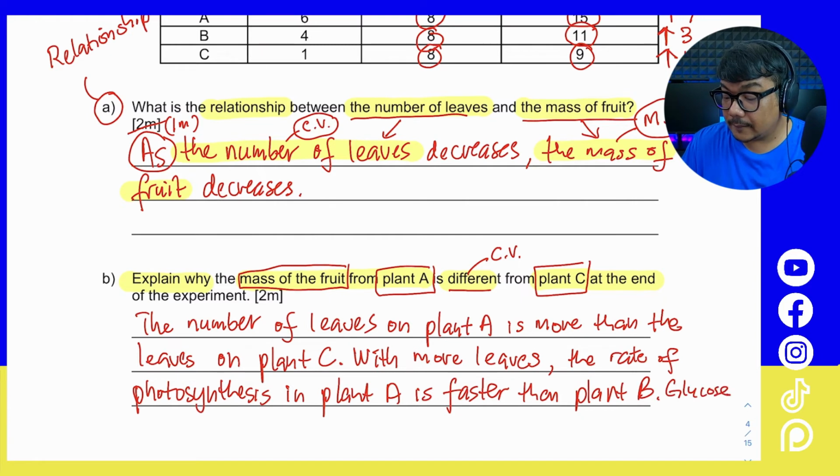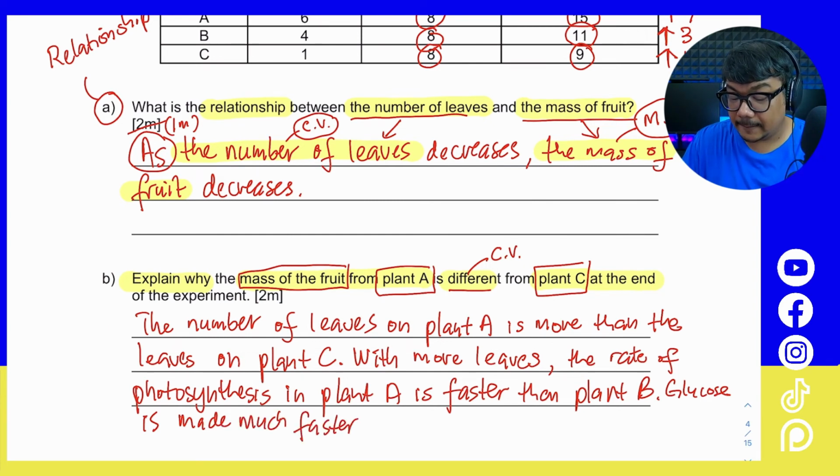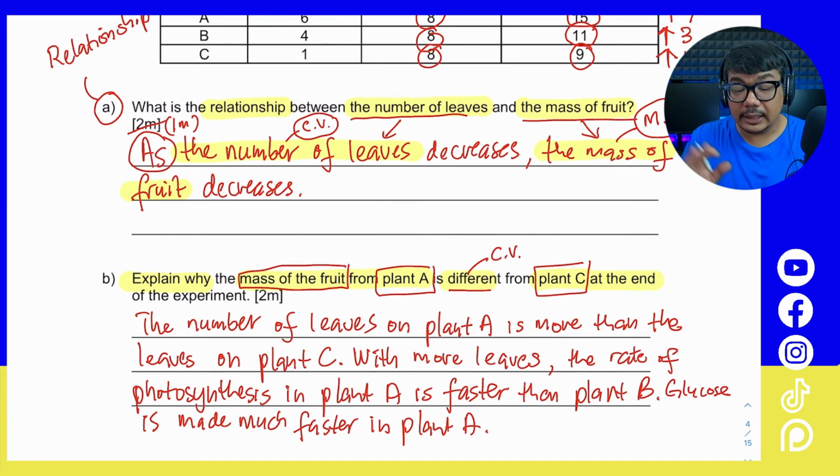Glucose is made much faster in plant A. Full stop. Now you have already given the evidence, and you have given the reason why this evidence leads to your result.